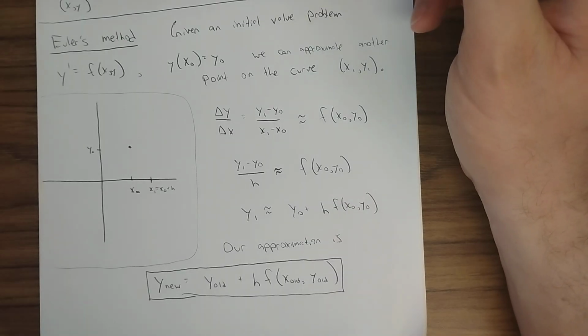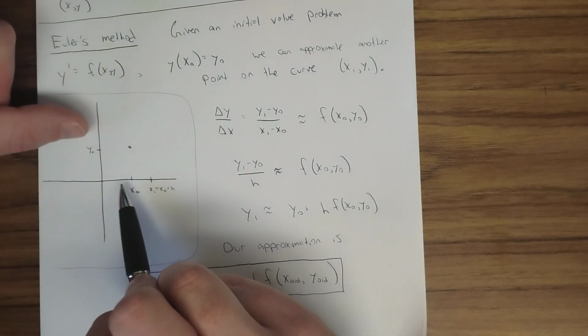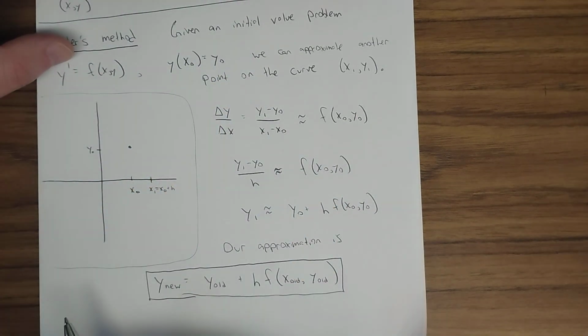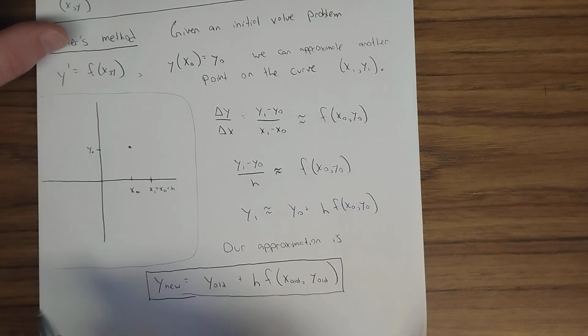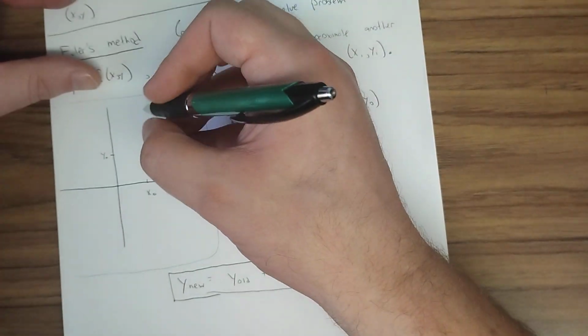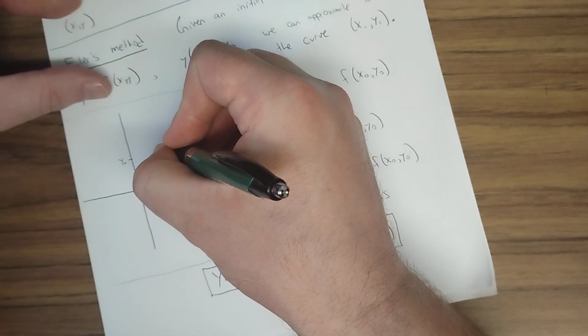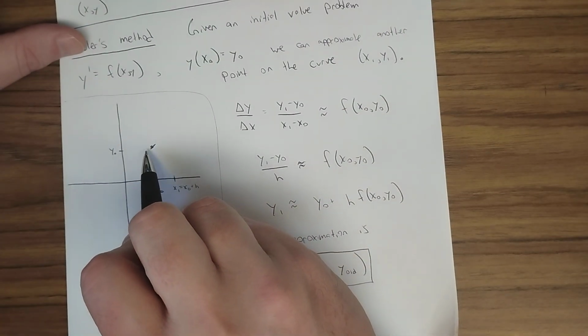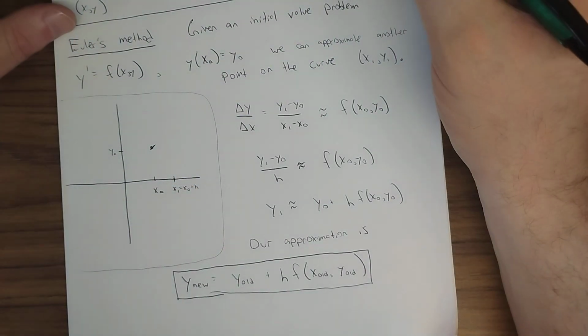So the idea for this is we have our differential equation. I have a point that my curve goes through, and the differential equation tells me the slope of the curve at this point. So I'll draw something. We know that my curve, whatever it is, goes through this point and it has a certain slope.